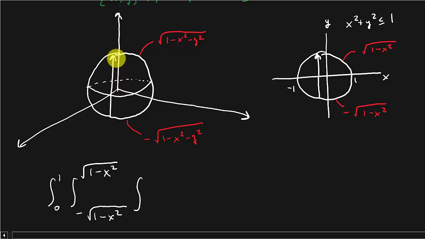And so that's from this bottom half, which is negative square root of 1 minus x squared minus y squared, up to the square root of 1 minus x squared minus y squared.